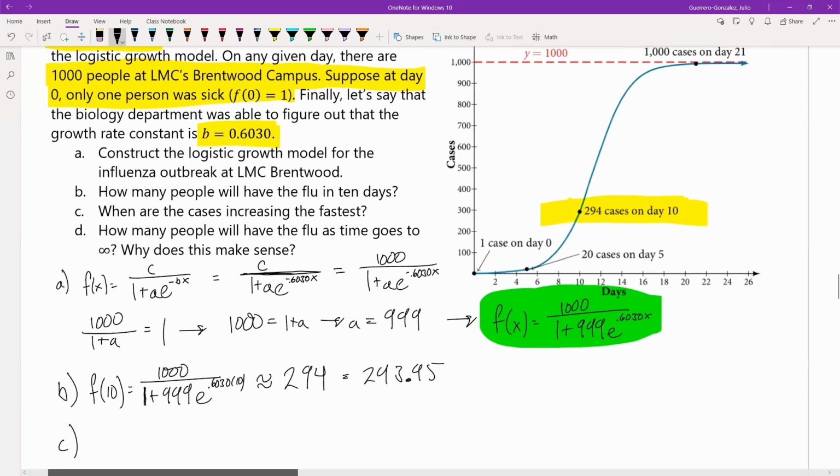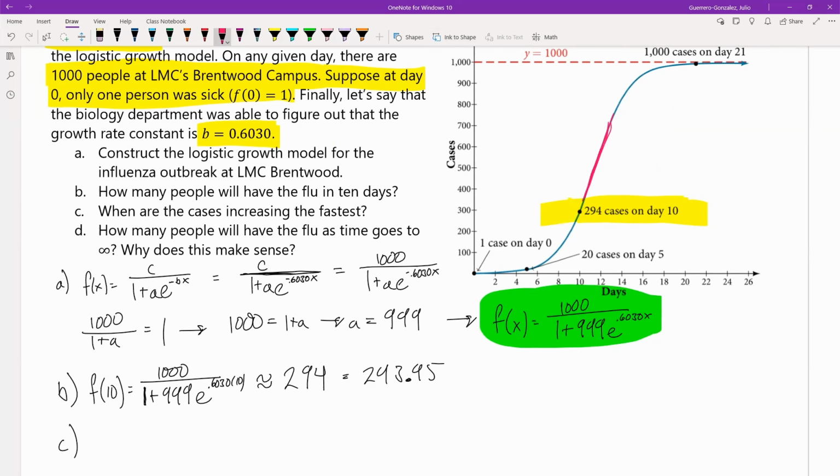Okay. So if you take a look at the graph, when will the cases be increasing the fastest? Hopefully you guys see it's right around here. That is where it's the steepest, where the day-to-day cases are increasing the fastest.